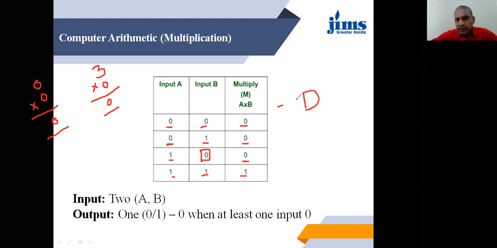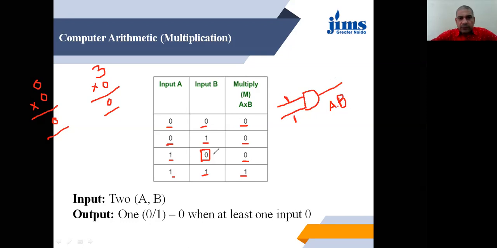Means when there are two inputs A and B, then the output is A dot B. The value at the output will be 1 when the value of A is 1 and the value of B is 1. Otherwise, in all the cases, it will be 0.